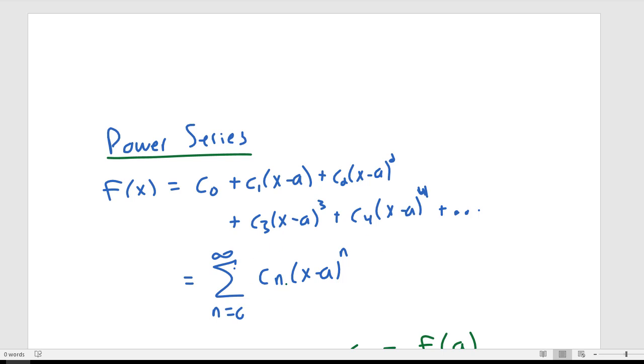So these coefficients, the C sub n's, are going to be what we just created. You know, the C0, the C1, the C2, C3, C4, we just generated. So we know the pattern of the C sub n's.